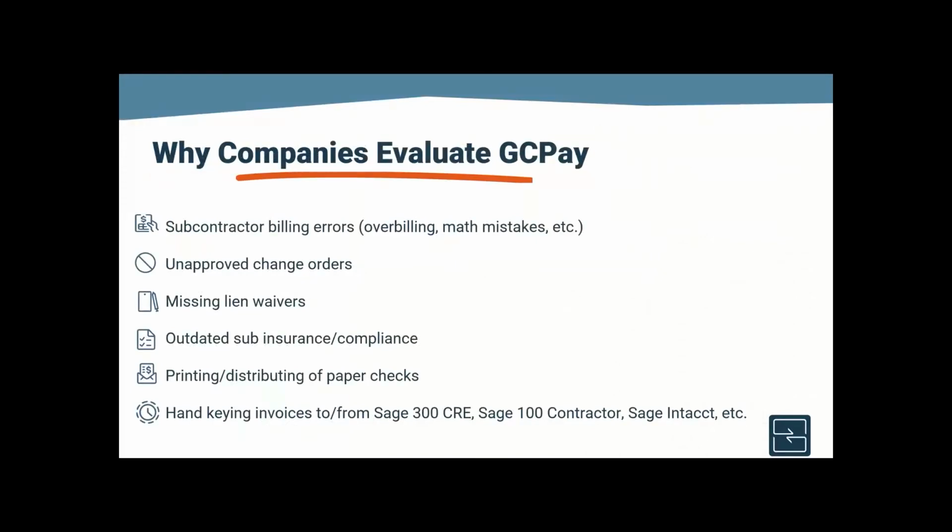Well, to start with, the direct integration into your Sage platform, eliminating any hand keying or double entry. Subs can easily submit their billings right into the platform, and the appropriate approvers are automatically notified. It completely eliminates the back and forth emails and bogged down inboxes, and automates the whole pay app process.